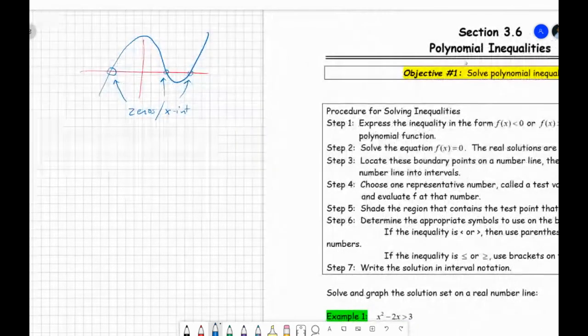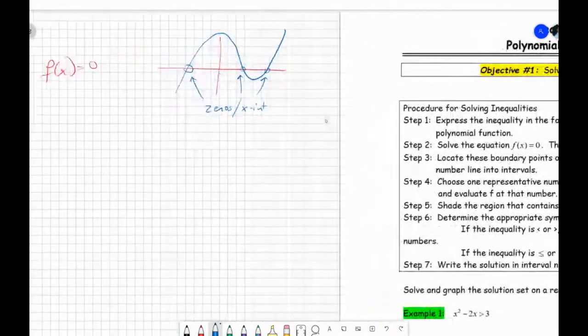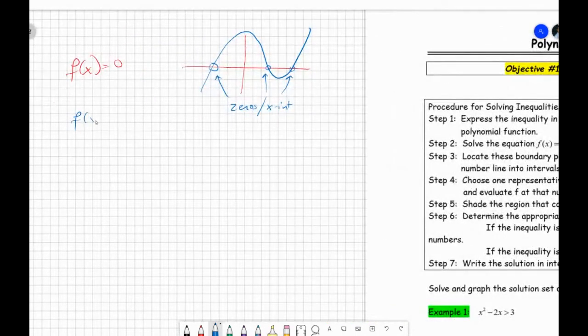Now we're going to look at inequalities, which means that we're going to look at where the function is above the x-axis or when the function is below the x-axis. Now, if you have equality in here, you would include the zeros, okay?